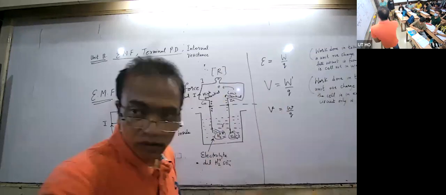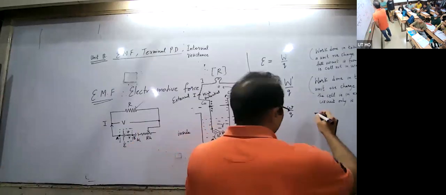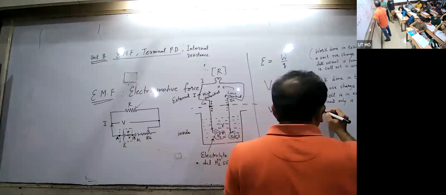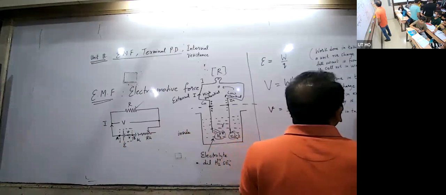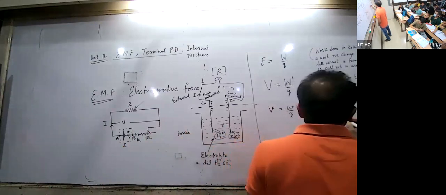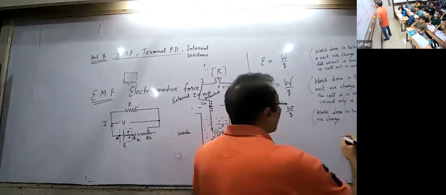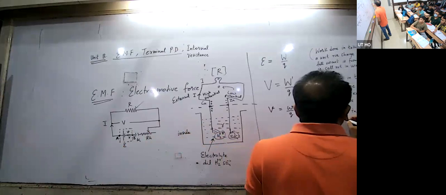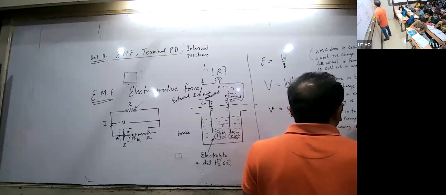What about the internal part? It is the work done in taking a unit positive charge from B to A through the cell, by overcoming its internal resistance.